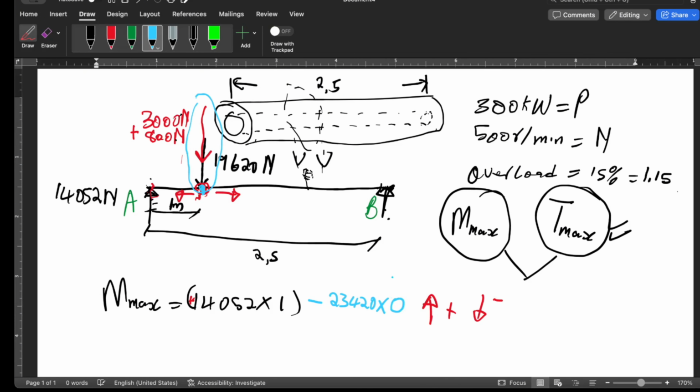So what do we get? We get 14,052 Newton meter. So this one is our maximum bending moment on this beam.